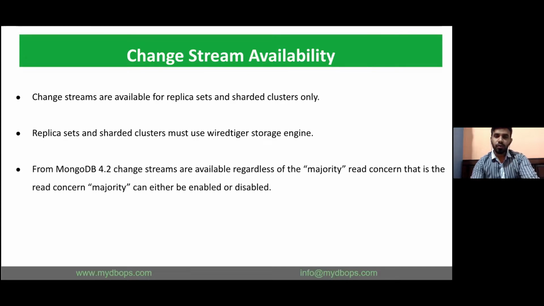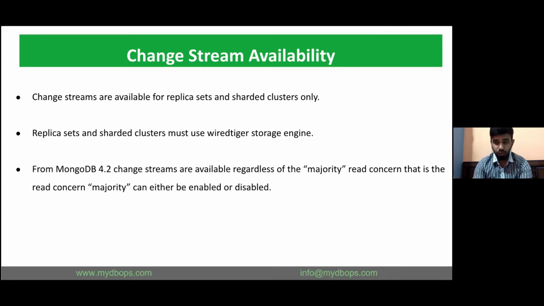Now, change stream availability. To have change stream working, you have to match certain criteria. If you want change stream available, you have to have a replica set or a sharded cluster. It is not possible to have change stream up and running on a standalone. Also, your replica set and sharded cluster must have the WiredTiger storage engine.